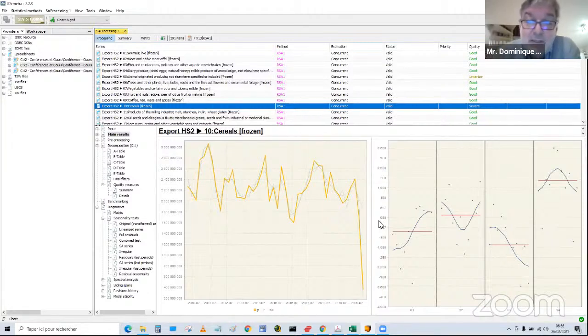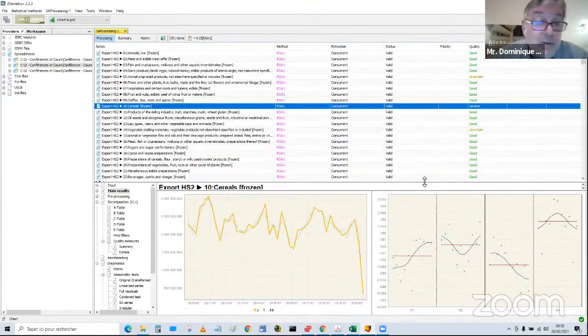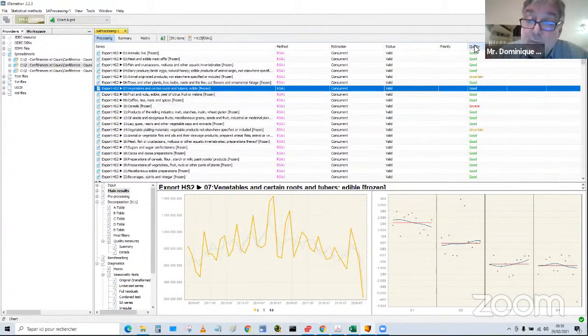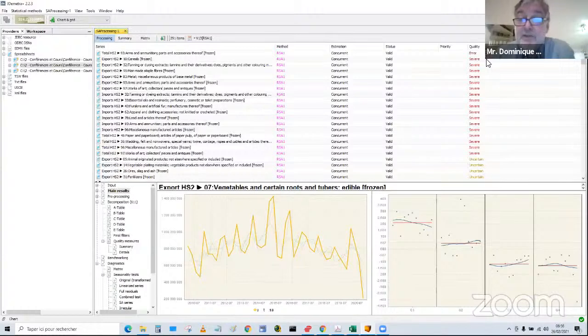So now the second question was about the severe. The question is why most of these statistics have a severe. To see that, I will sort by quality, and it's not most, but I have a lot: on 291, I have perhaps 20 series severe, which is less than 10%, but it's still a lot.